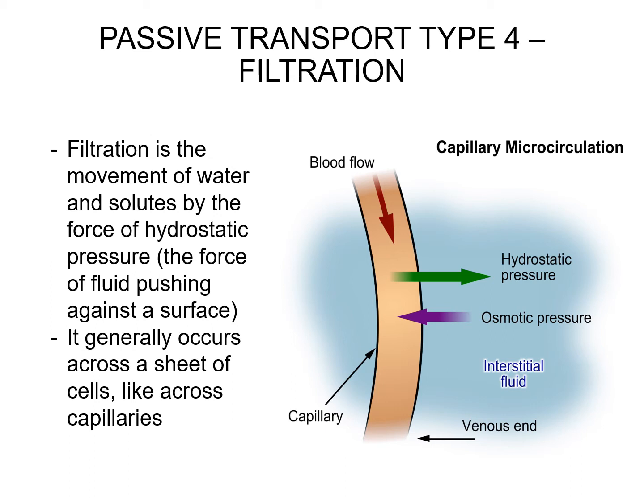And then as soon as that pressure is no longer greater than it is on the top side of the filter, it stops, or basically until all the water's gone, right? So that is filtration. Remember, this is still a passive transport, so there is no energy required here. The pressure happens naturally.